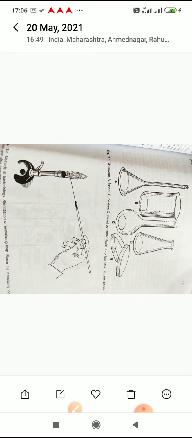Like this, the macroscopic study in the field for certain diseases is made.